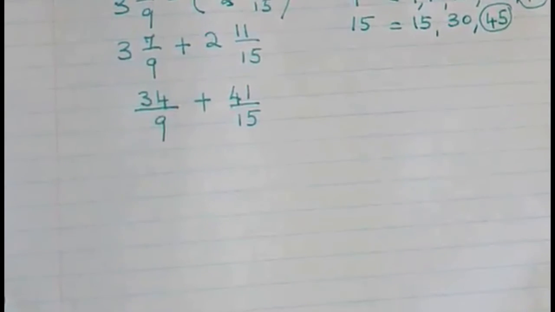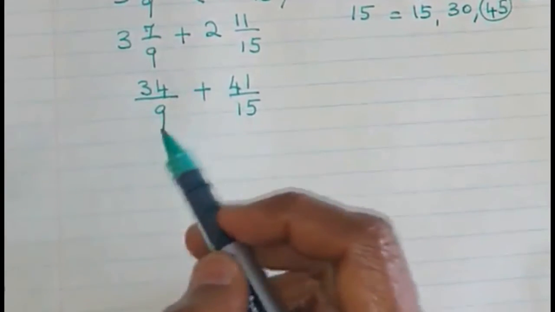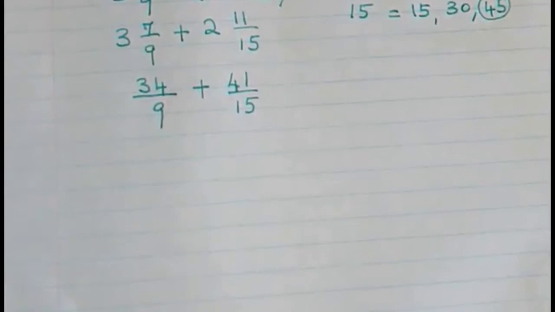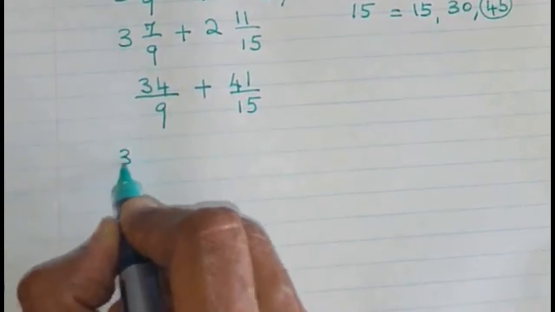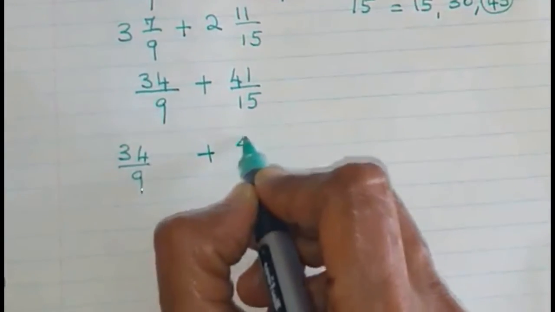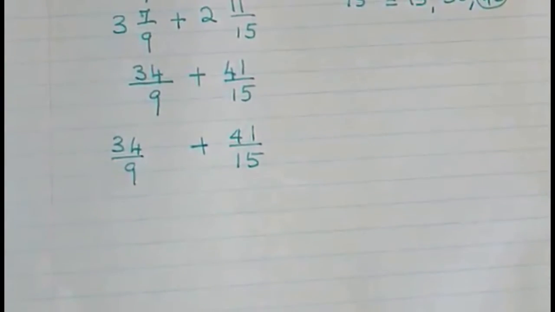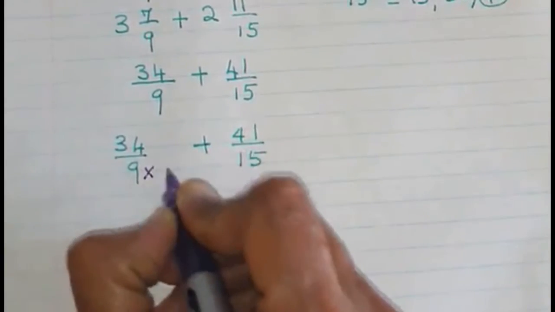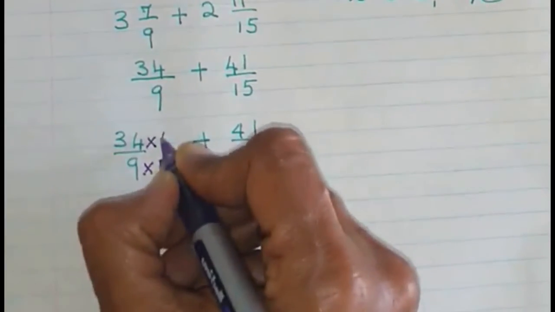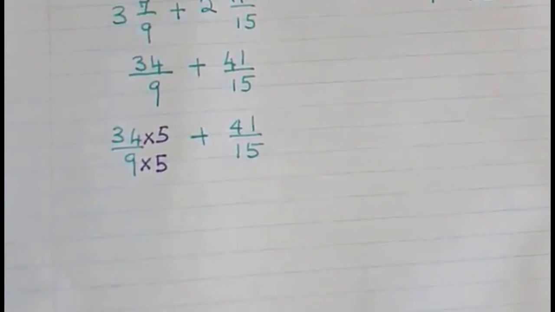So what I have to do is make the denominator 45. So let's write the fractions and make the denominator 45. So what I have to do with 9 to make it 45 is to multiply by 5. So I cannot just multiply 9. I have to multiply the numerator as well. So that's going to be 34 times 5.